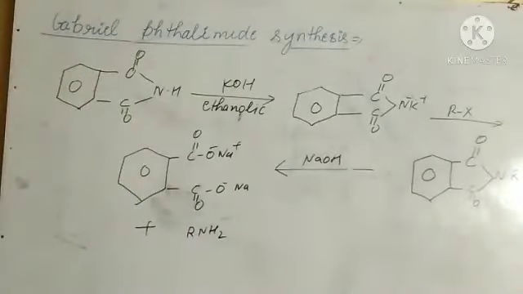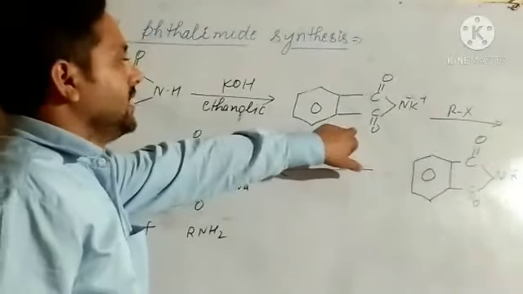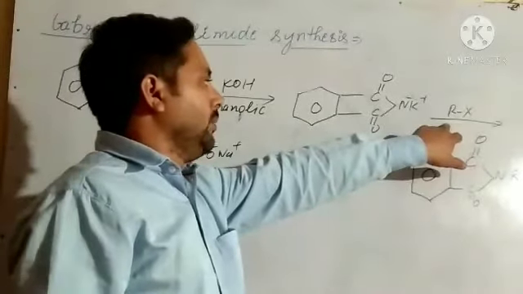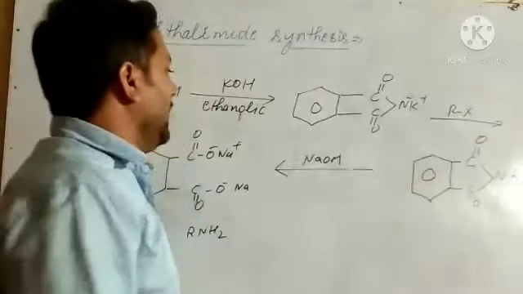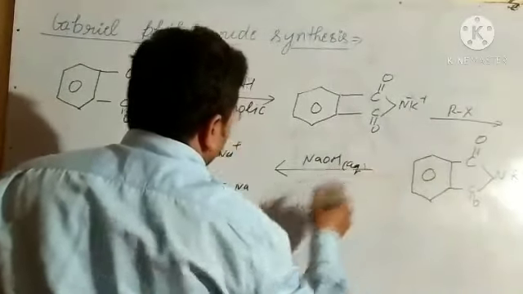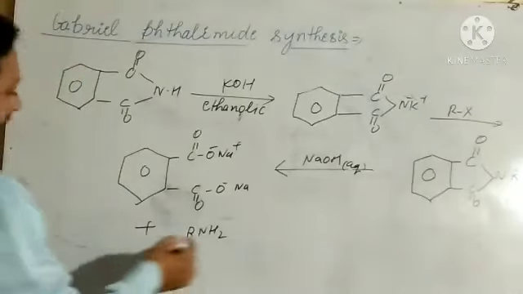So what we have seen is that phthalimide on reaction with ethanolic KOH forms sodium salt of phthalimide, which further on heating with alkyl halide followed by alkaline hydrolysis gives primary amine.